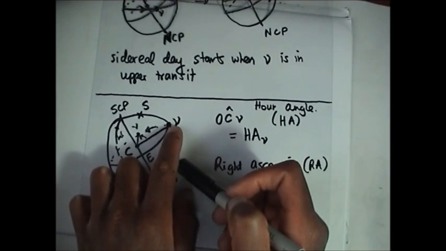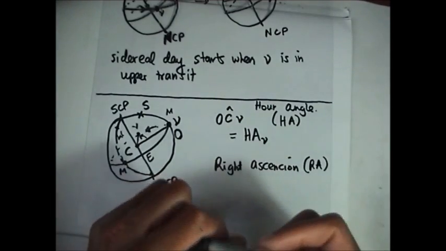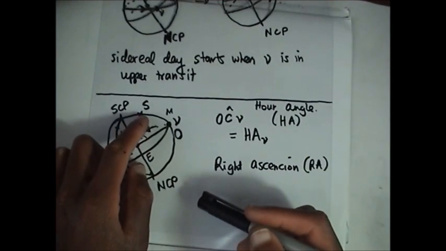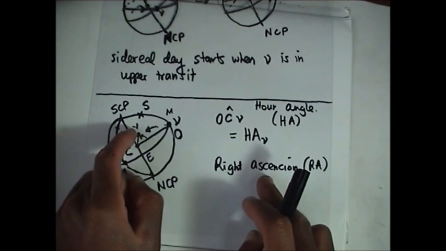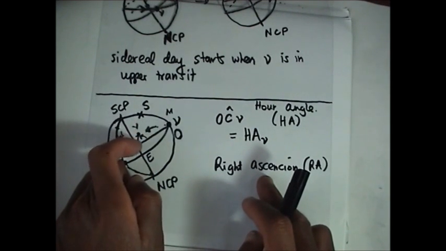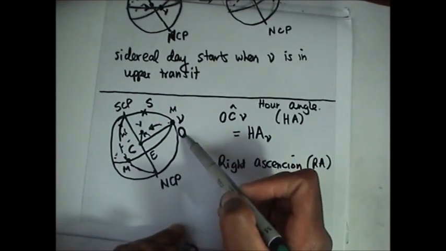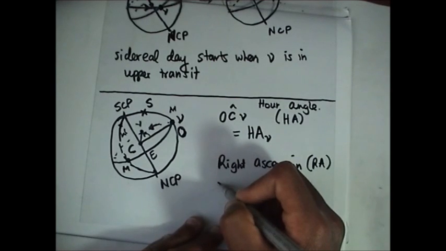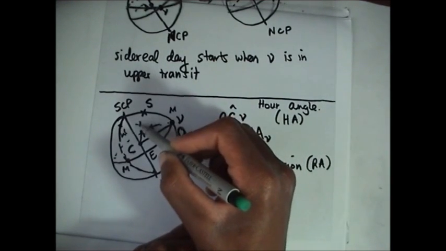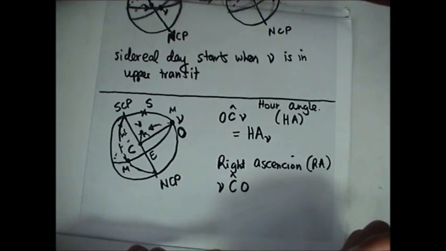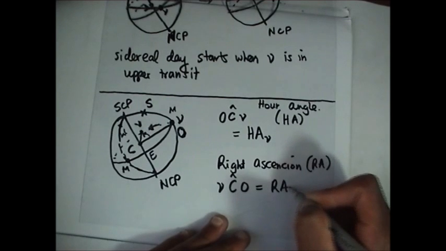So for this star, this is point M. Right ascension was being measured from the point V up to M. So instead of saying M, let me say O, which is the origin. Our angle VCO measured eastwards from this origin in the second equatorial system is going to be equal to the right ascension of the star.